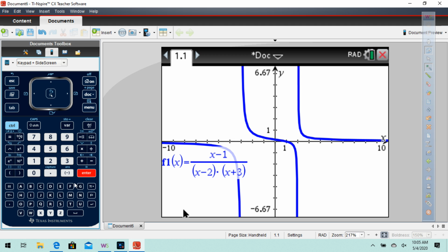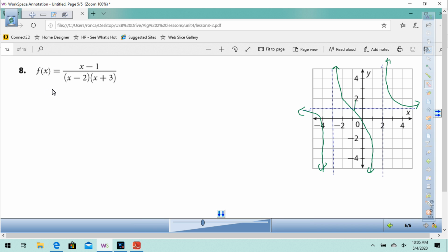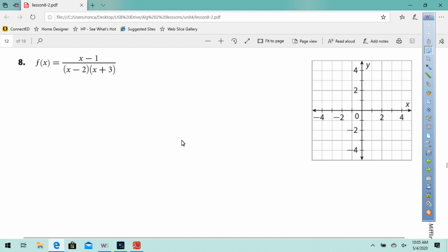And then we press enter, and there we go. That was closer the first time, it looks like. But anyway, you can use your calculator to graph these. Please do.